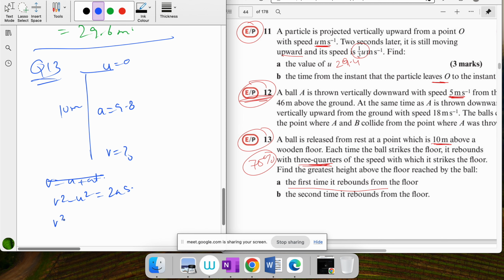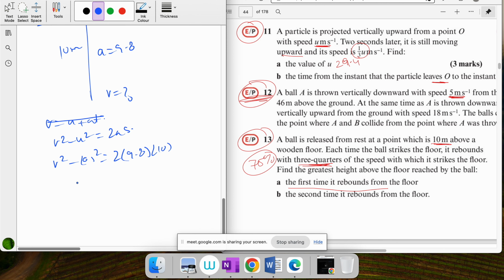Initial velocity is 0, 2 times acceleration 9.8, displacement is 10. So v square equals 2 into 9.8 into 10, that is 196. Square root of 196 is 14. So it hits the ground with 14 meters per second.